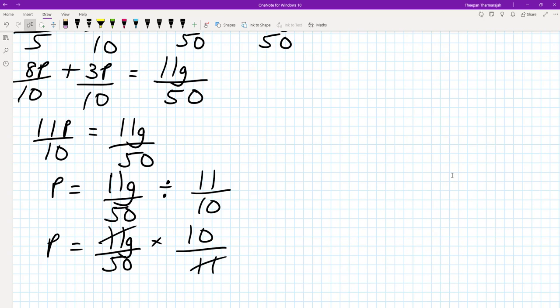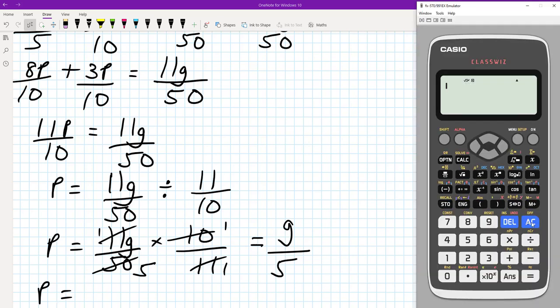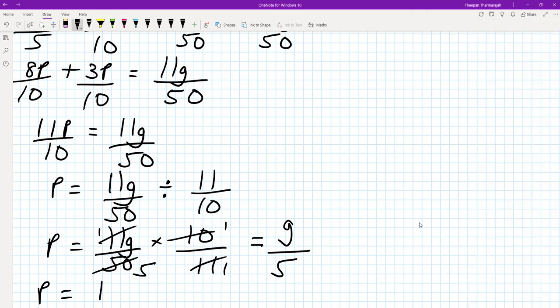So we cross these out, get 1 and 1, cross these out, get 1 and 5. So we get g over 5. So we're going to do 9.8 divided by 5, which is 1.96 newtons.